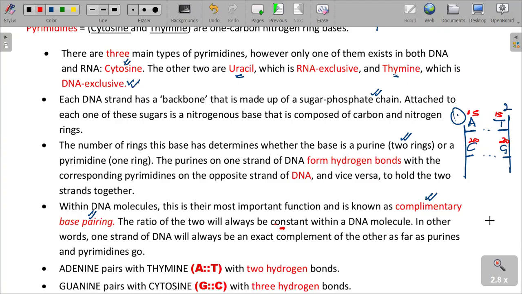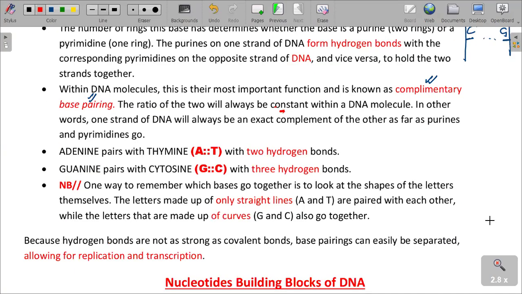So look here again. A pairs with thymine, as you can see, with two hydrogen bonds. I have already illustrated that. I'm trying to explain as much information as I can and give you precision with regard to DNA structure.